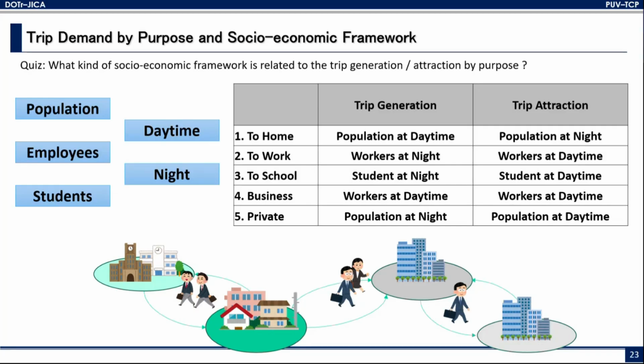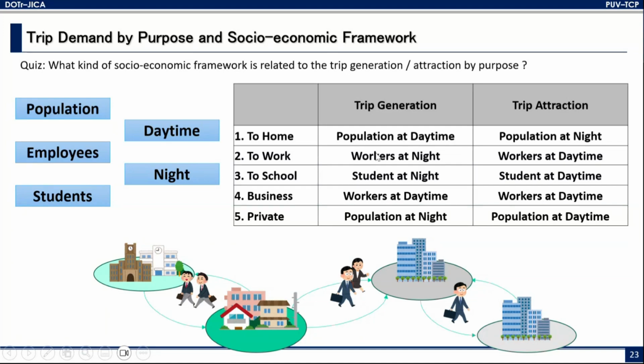So according to this information, for example, to home, what kind of traffic zone there is a high trip generation and high trip attraction shall be expected. And yes, for example, to work trips.